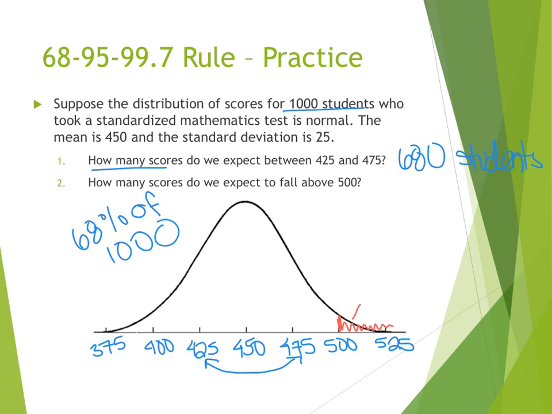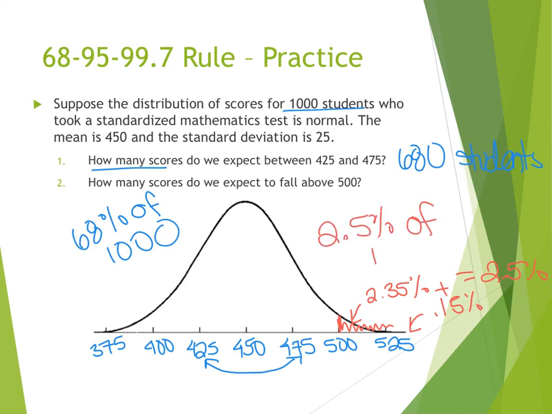If we look at between the 2 and 3, that is 2.35%, and above the third is 0.15%. So if you just add your 2.35 plus 0.15, you get 2.5%. And then you're going to do, well, what is 2.5% of 1,000? And that is 25 students.